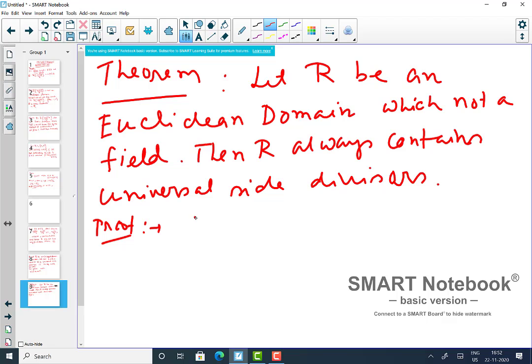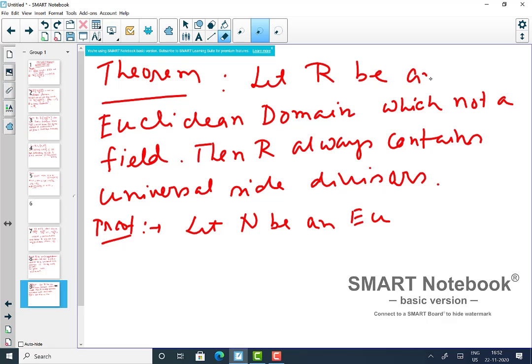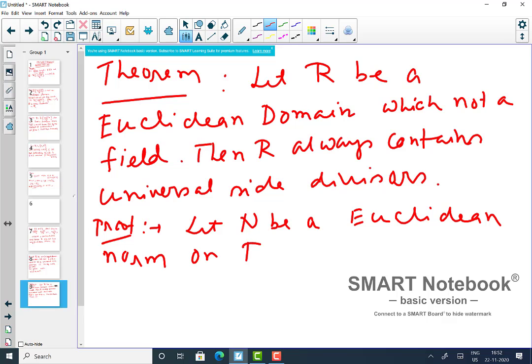So let N be a Euclidean norm on R. Okay, and I am interested to know what is the minimum element.